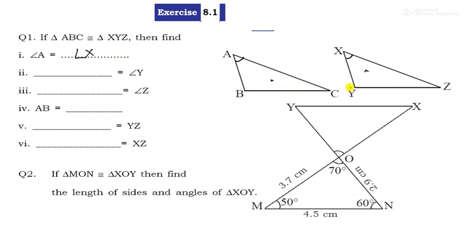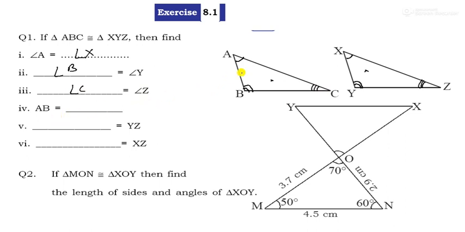Where is angle Y? Angle Y is this one. So you can put the double line. So angle Y is equal to angle B. So you can write here angle B. Now what is the angle Z? This one is angle Z. You can put three lines. So angle Z is equal to this angle C. So angle C is equal to angle Z.